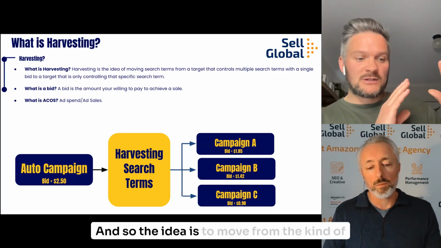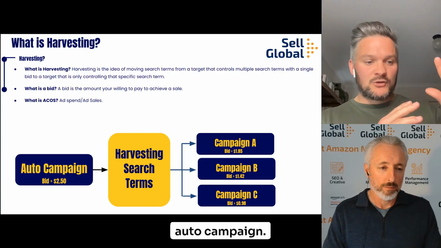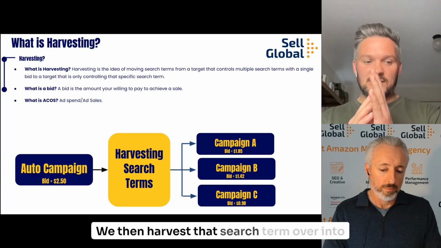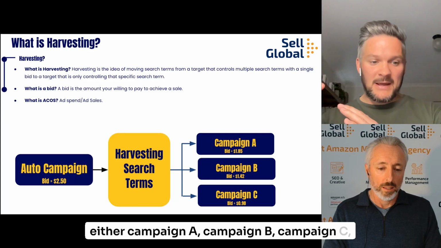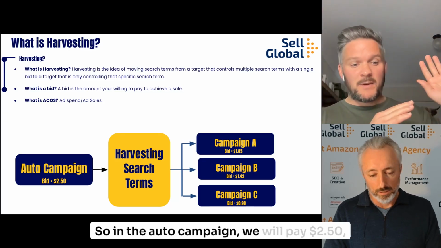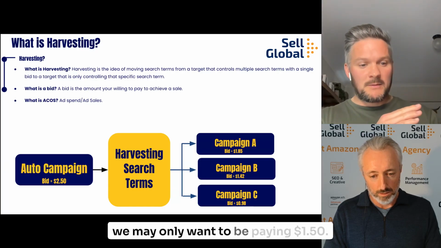All of those campaigns are at different bid amounts based on whatever your objective and your target is. And so the idea is to move from the left to the right in this visual. The auto campaign triggers a search term, we get a sale on that search term. We then harvest that search term over into either campaign A, campaign B, or campaign C, and we pay the right bid for that search term. So in the auto campaign, we were paying $2.50, but realistically, based on our objectives, we may only want to be paying $1.50.